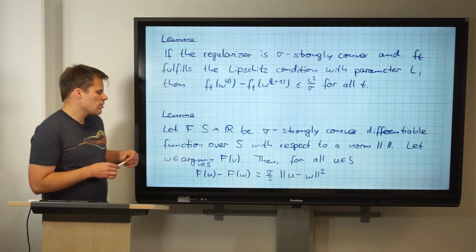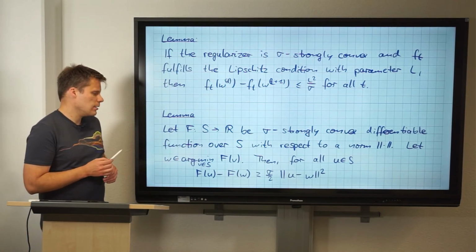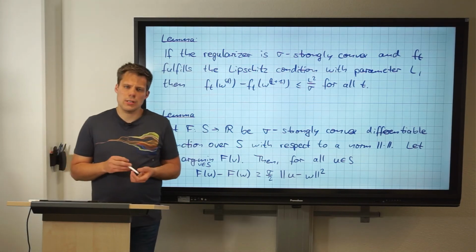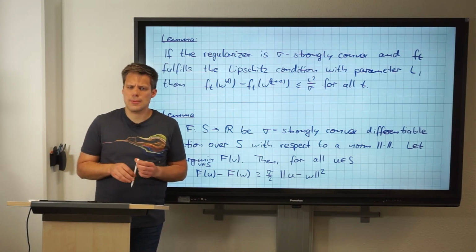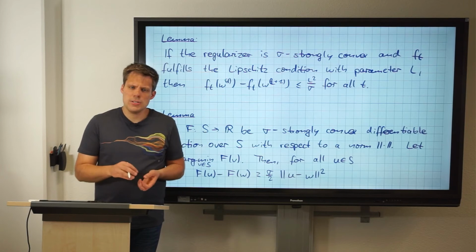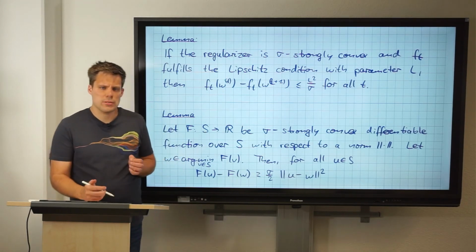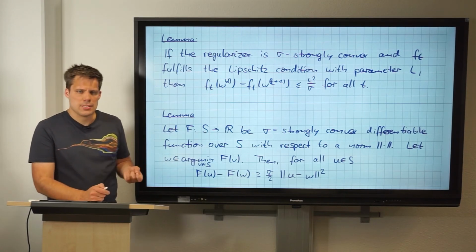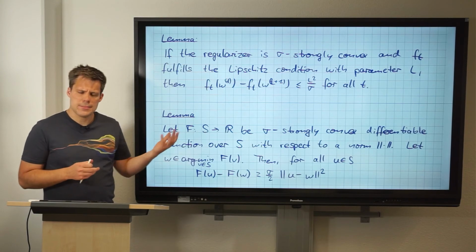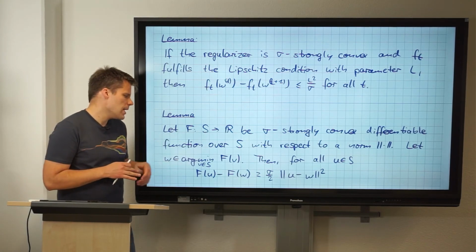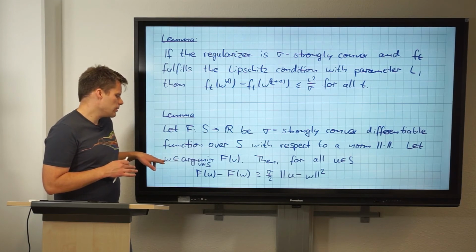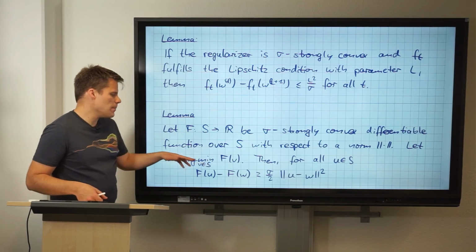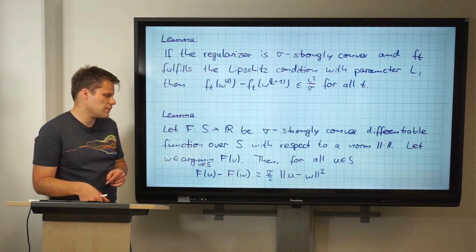This is a crucial technical observation. Namely, we are using here these strongly convex functions, and as we already observed, in each step we are choosing the minimum of a sigma strongly convex function, because our regularizer was sigma strongly convex and we took this sum. This was the observation that we made earlier. Now, our point Wt that we're choosing in a step has exactly this form, that it minimizes this sigma strongly convex function.